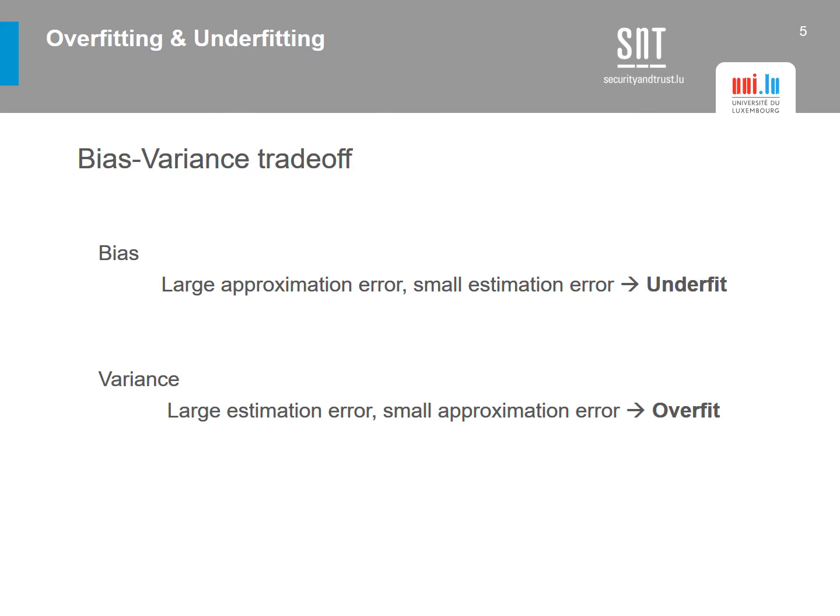In the other case, where we have a large estimation error but a small approximation error, it corresponds to a situation where the difference between the risk of a chosen model and the best possible model of the same algorithm is quite high, which indicates that the model is learning by heart all the examples provided to it and tends to always find the same examples in a new dataset.